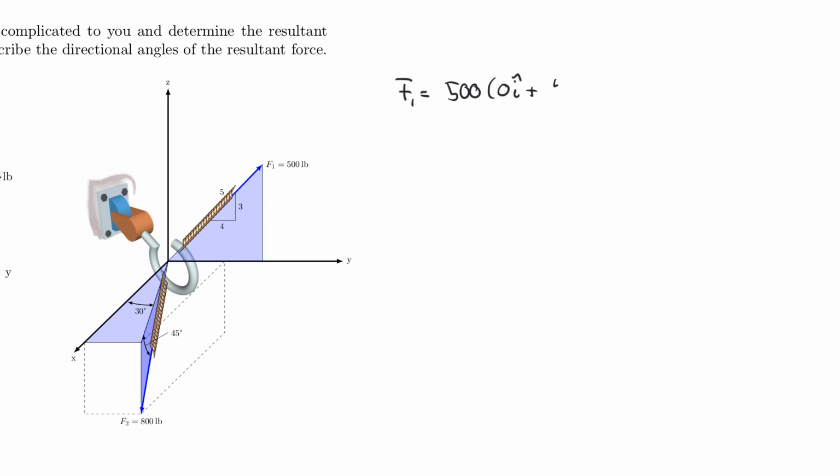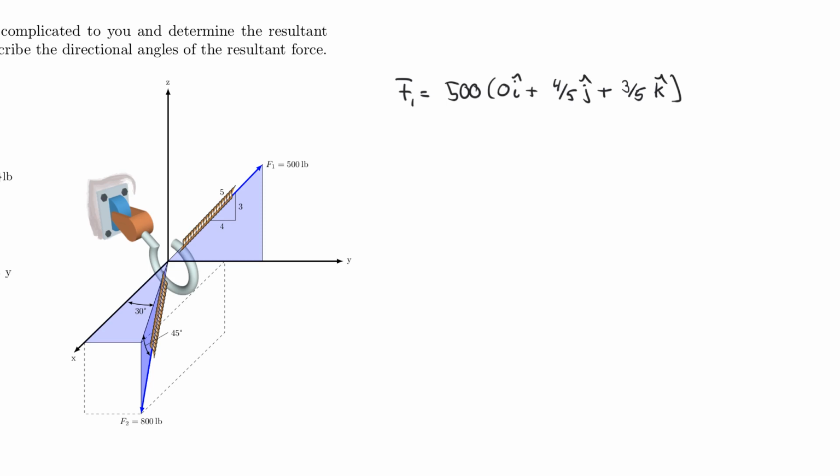So it's 4 over 5 J plus, because it's upwards acting, 3 over 5 K hat. So that is the base description of our force number 1, and for now I leave it that way.